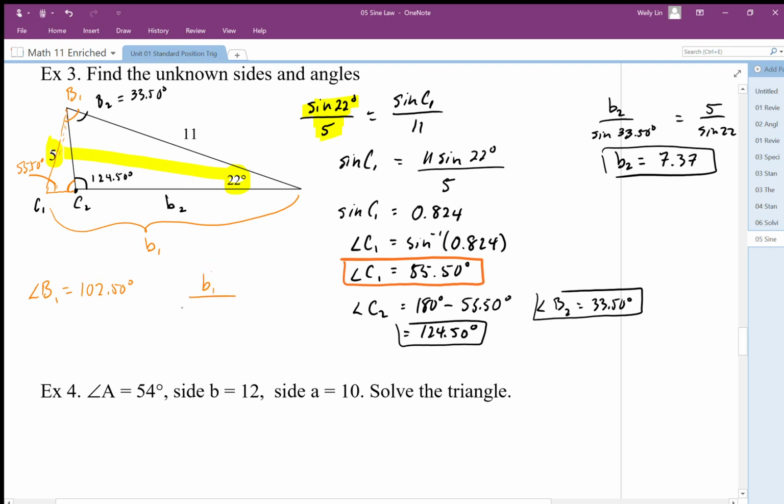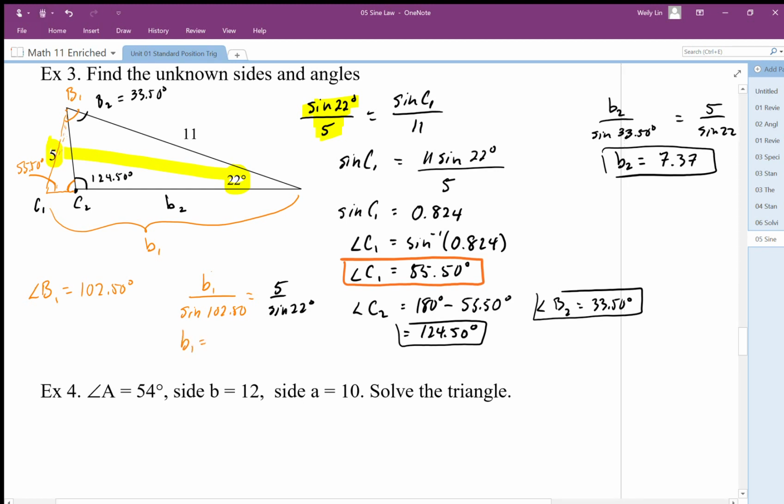B1 over sine of 102.50 degrees. Remember, we have our angle and opposite side pairing, and that's going to be equivalent to my original angle and opposite side pairing, 5 over sine of 22 degrees.